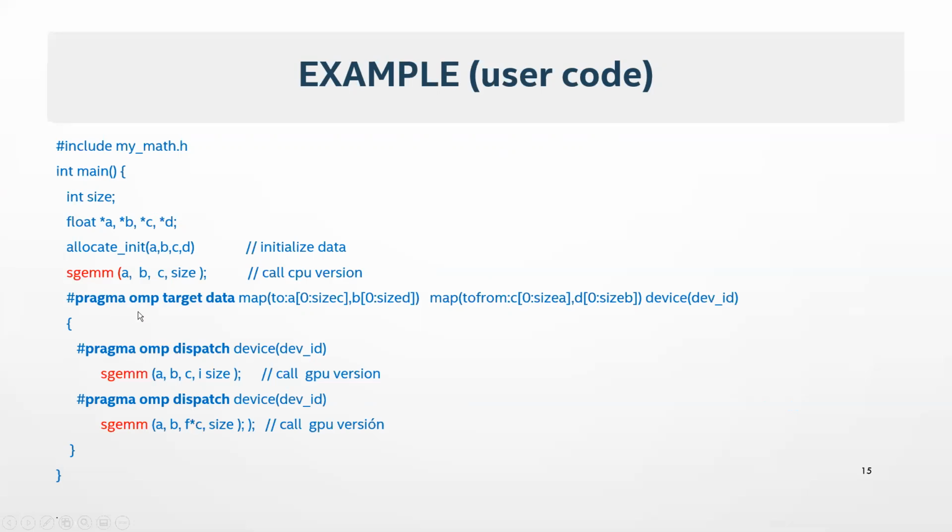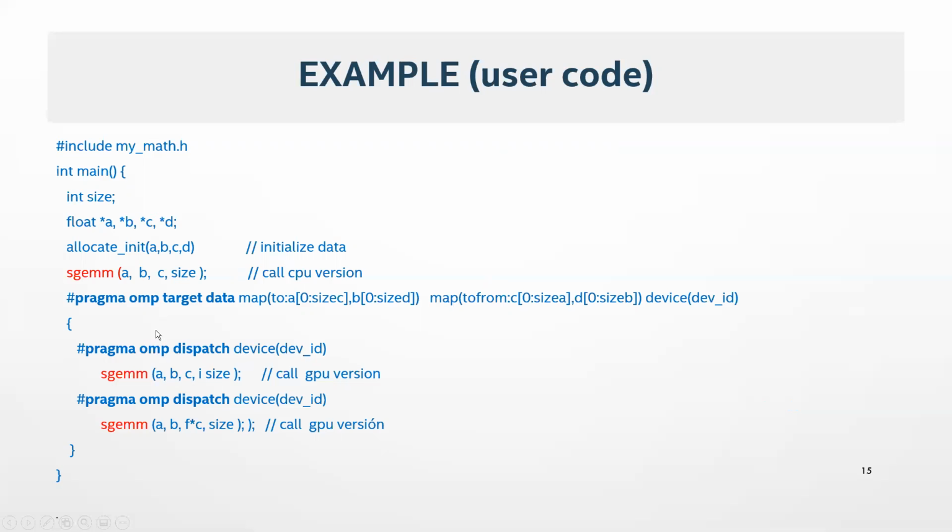Next, you enter the target data and map these three variables onto the device, where the device ID is something. Now let's say you want to call the specialized version. You would say pragma omp dispatch device, put in the device ID, and then provide this function.